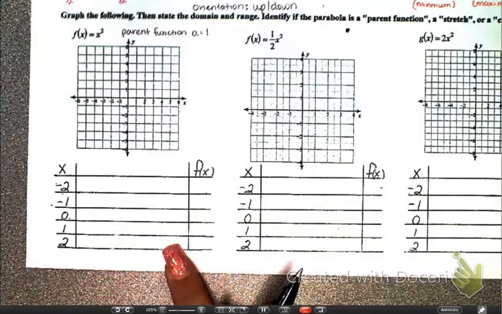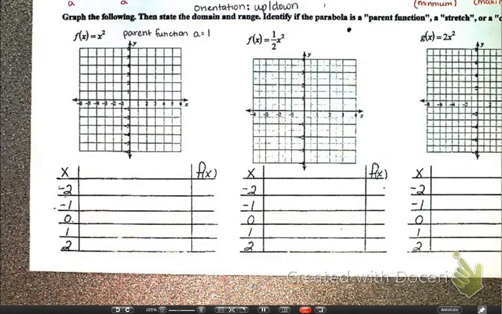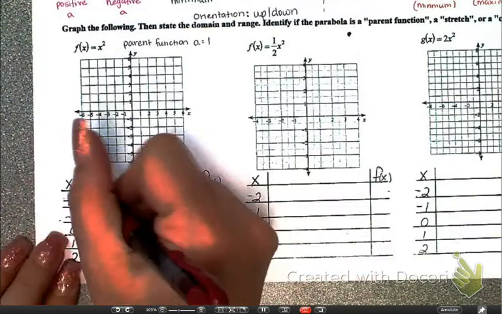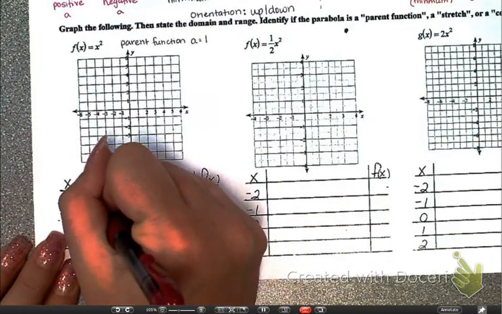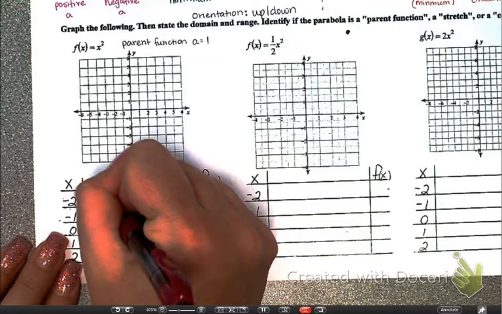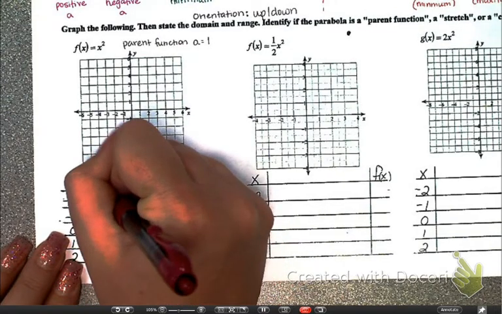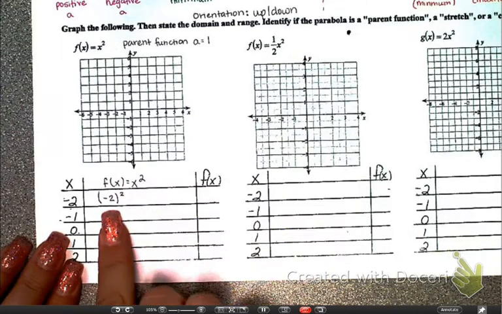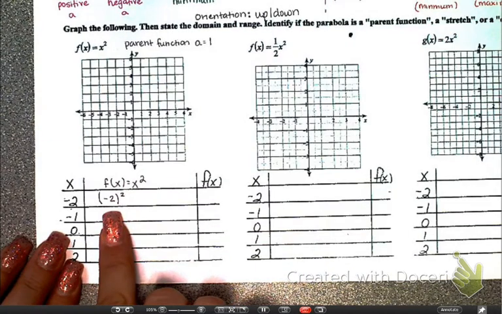On Friday, we created a table of values. Can we do the same thing with this function? Yeah? So let's plug it in. So I have negative 2 squared. I'm going to rewrite my function so I have it. What's negative 2 squared? Positive 4.